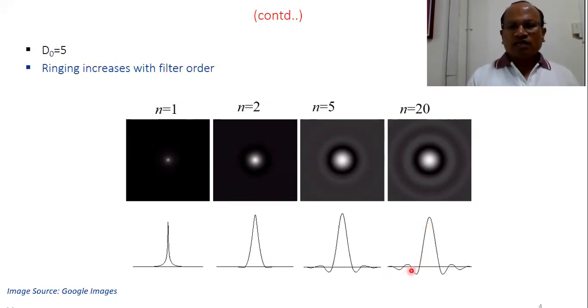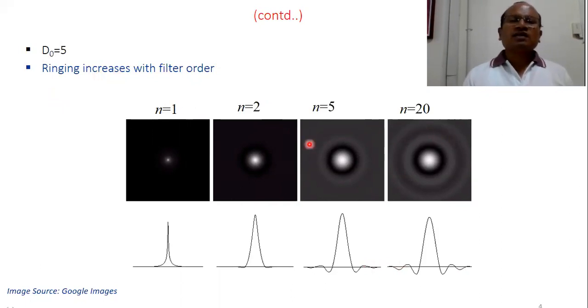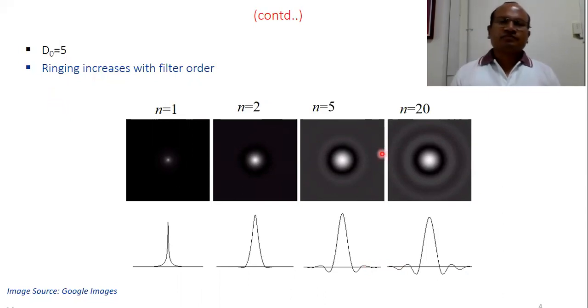Where you see side lobes, in these side lobes you have ripples. Those ripples are coming more because of ringing-like structures. Ring-like structures can be seen in the output when we are increasing the filter order.